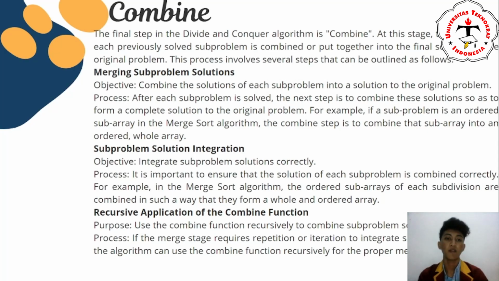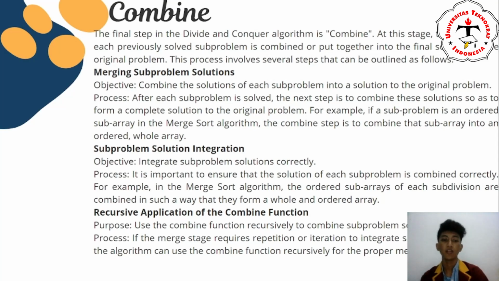Process: after each subproblem is solved, the next step is to combine these solutions so as to form a complete solution to the original problem. For example, if a subproblem is an ordered subarray in the merge algorithm, the combine step is to combine that subarray into an ordered whole array. Subproblem solution integration.